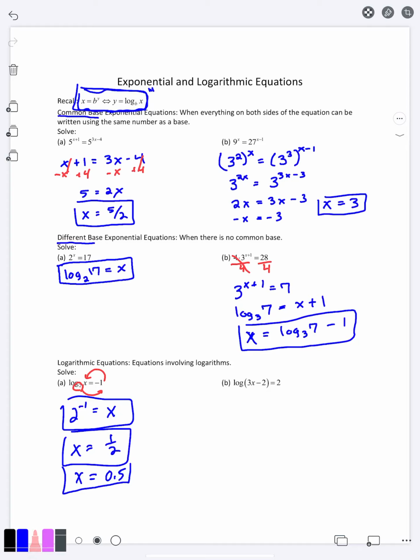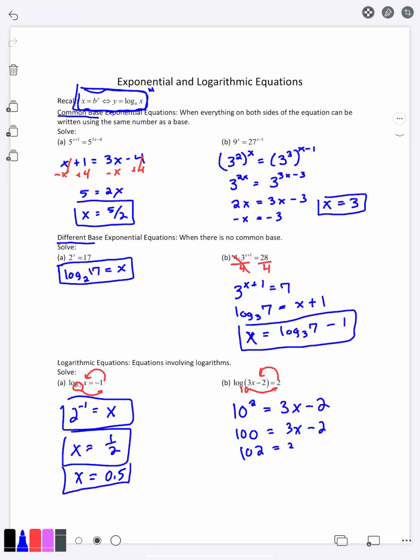Now on the second log one here, you might get confused at first because you don't see a base there. But you need to remember that when you have a log with no base, it is really a 10. And then we do our trick here. 10 raised to the 2 equals 3x minus 2. Well, 10 squared is 100.